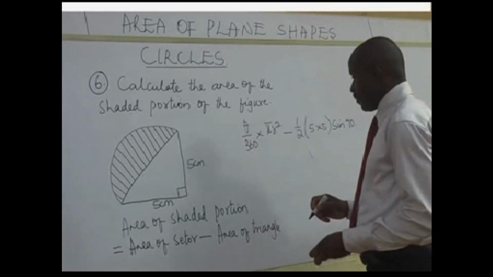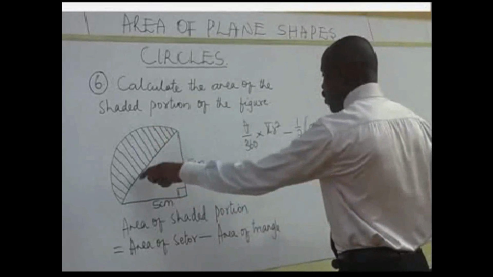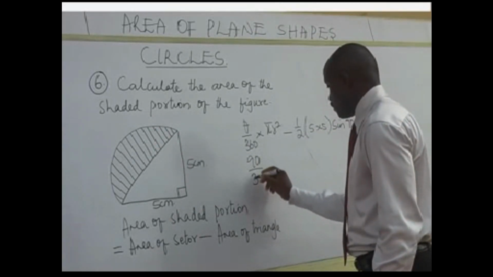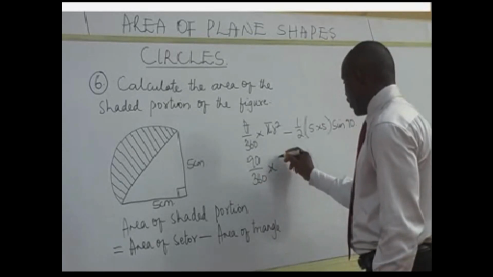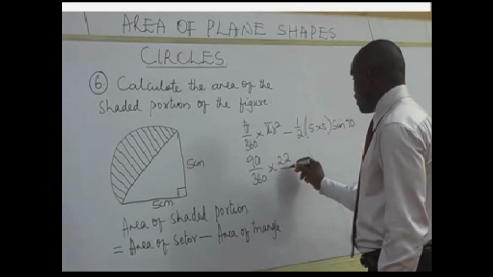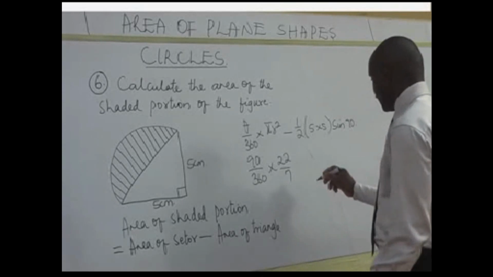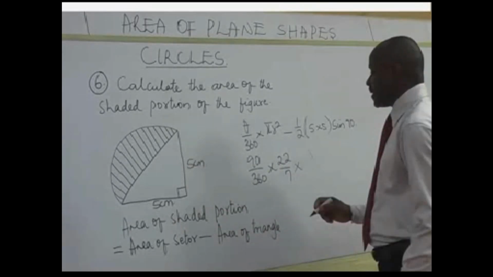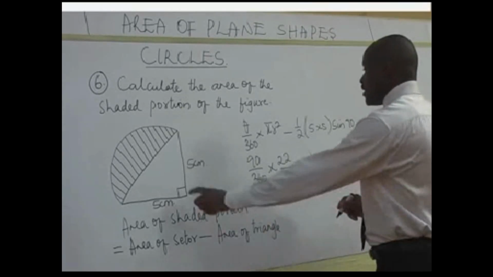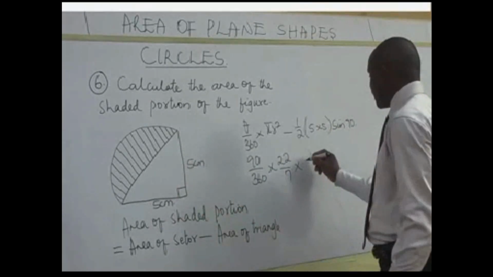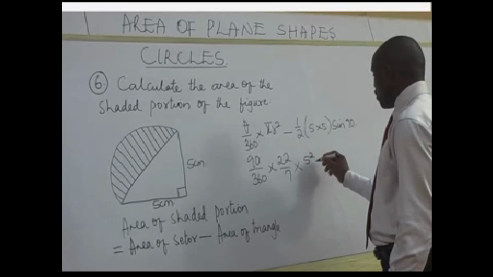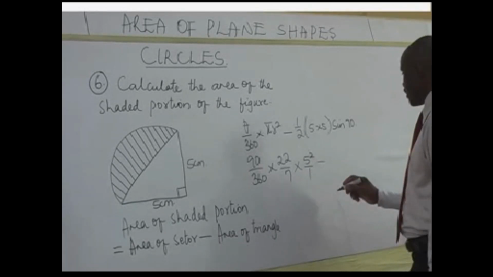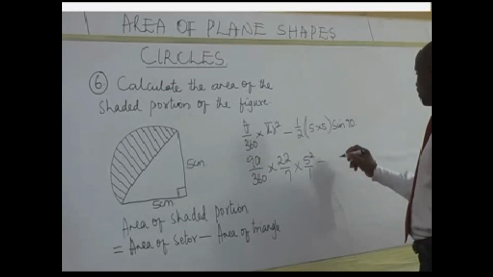Okay? This theta, the angle of the sector, is 90 degrees. Times 22 all over 7, times r, the radius of the circle of which this sector is part of, is 5 centimeters. So we have 5 squared. Minus 5 times 5 is 25.